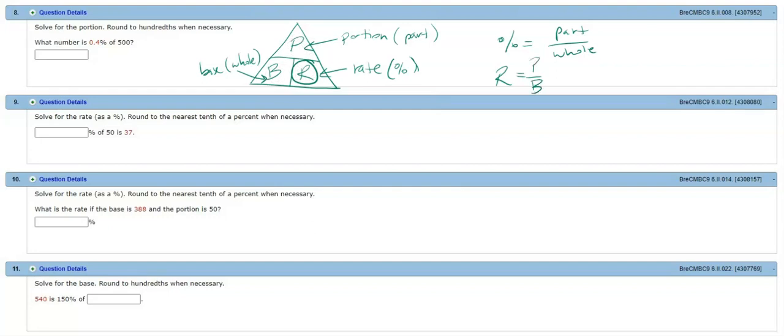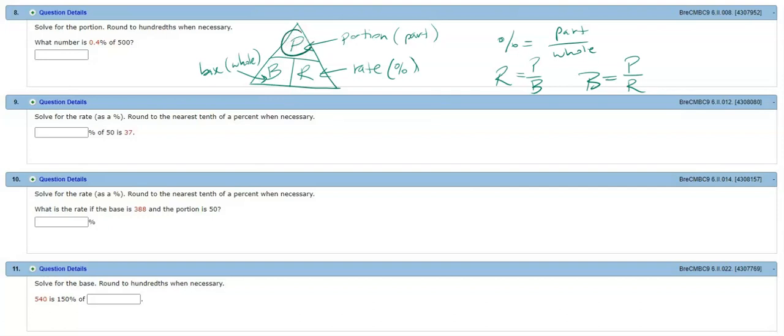And then if we are trying to find just the base, we have almost the same situation. We're covering up the base, and then we say that the base is equal to whatever's left over, and so obviously it goes like P over R. And then we have one more permutation where we can find the portion.